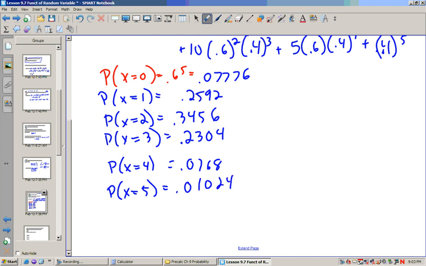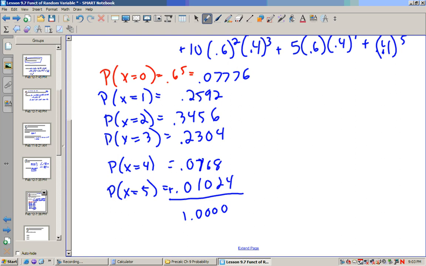0.01024. Now if I take all of these probabilities and add them up, they should equal 1. And you can take the time if you want to. They will equal 1. They should equal 1.